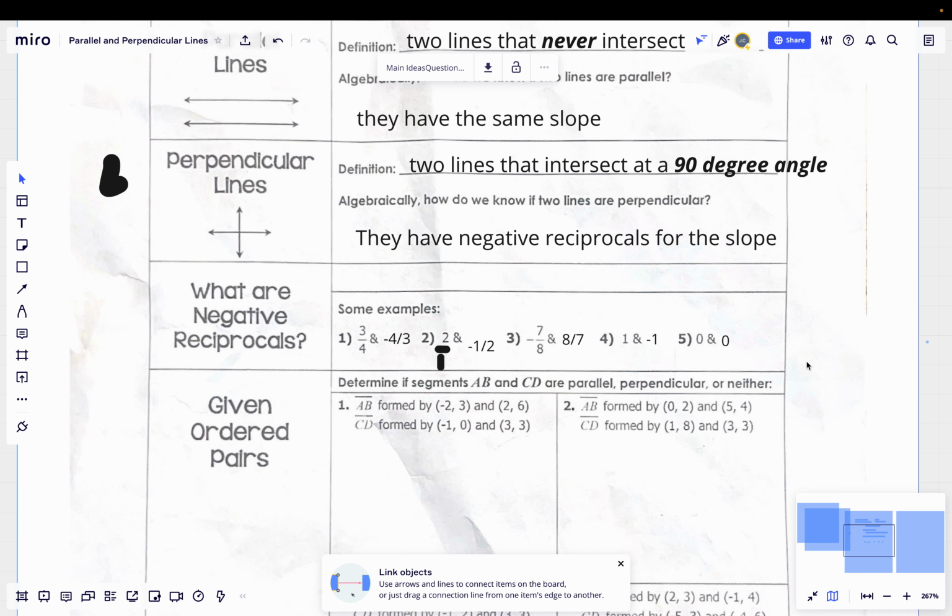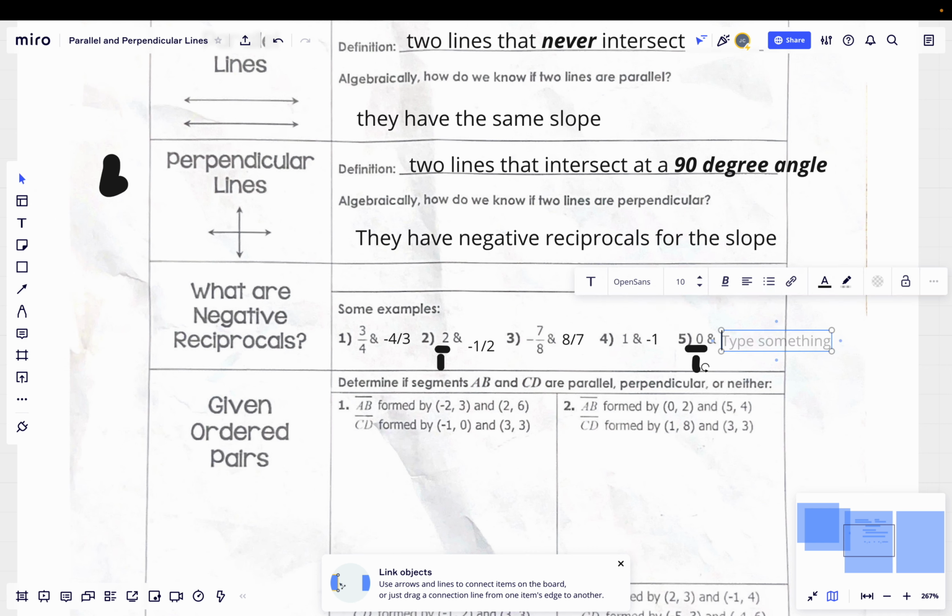Okay, so Miss Furman and I decided to work on number 5 together. So let's think about it like this. 0 is technically 0 over 1, because 0 over 1 is 0. So now let's check. When we reverse 0 over 1, we get -1 over 0.